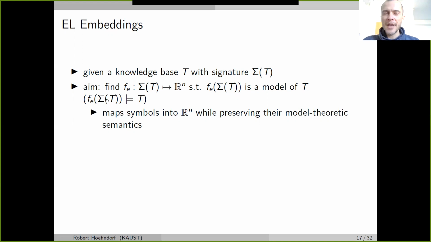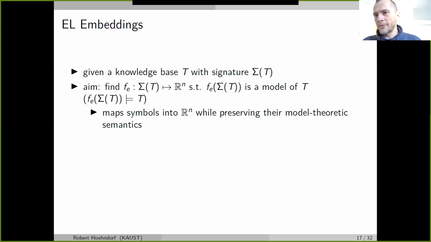So this embedding should take the set of symbols in our signature and generate a model. If we can find an embedding of this type, then we have an embedding which actually captures the semantics.